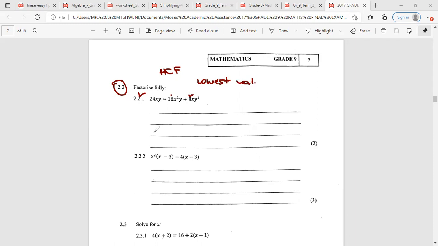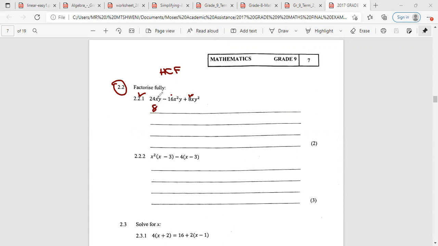You'll forgive me, my pen doesn't want to write clearly, but let us continue. When I check, 8 is divisible into 24 and 8 is divisible into 16. So 8 is our highest common factor. I simply write 8 here.